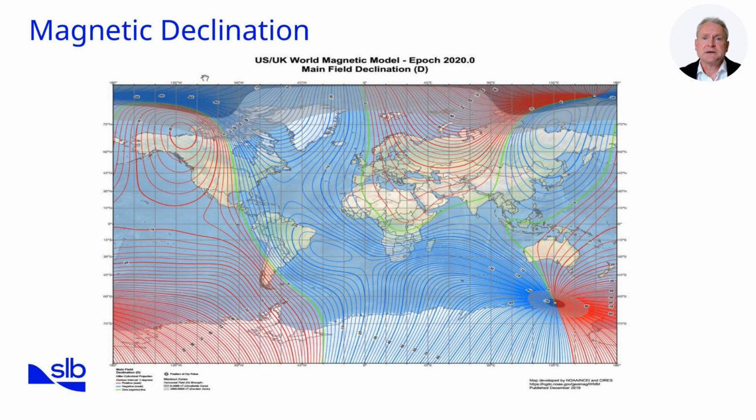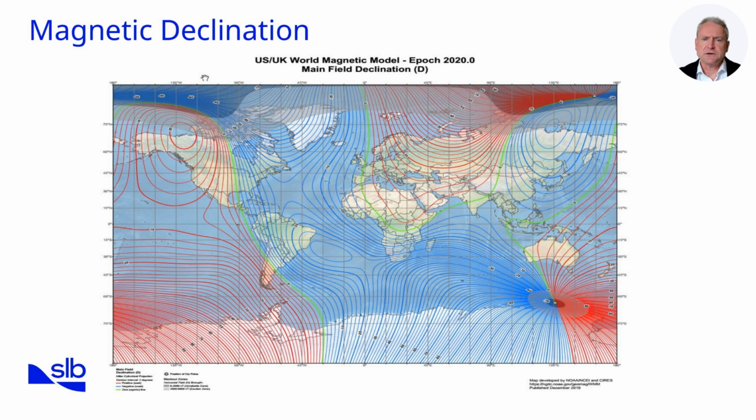Magnetic declination is the angular difference between magnetic north and true north. This value varies by location and changes over time as the magnetic field shifts. In some places, magnetic north lies east of true north, in others west. Declination is expressed in degrees east or west, and it must be accounted for when interpreting survey data.